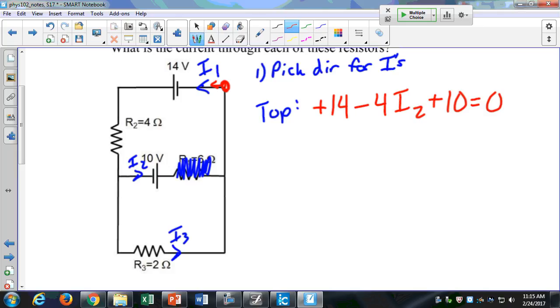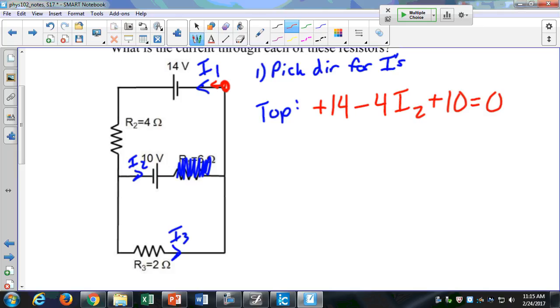Now, if you chose a different direction, you'd just get this, but with a negative in it. Or if you chose different current directions, some of your signs would be different. But as long as you follow those conventions, everything will work out the same in the end. I have plus 14, it's like going up the roller coaster. I'm going with the current, so I get negative I1R, making sure that we know that it's I1.